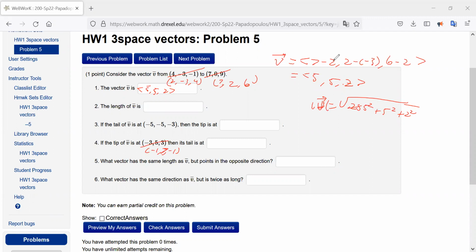I'm just going to rewrite a few of these things to make them clearer. And that is equal to the square root of 54. That does not simplify to anything nicer than that.